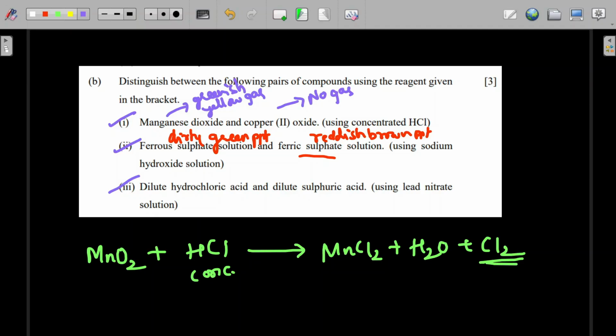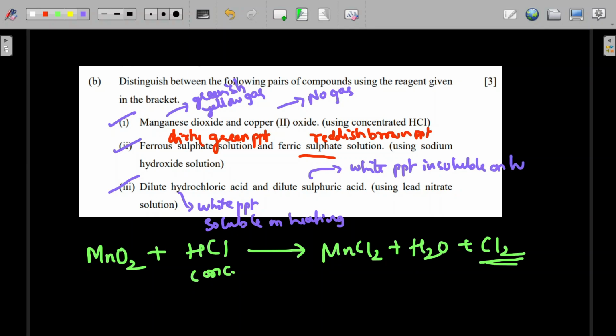But don't mention lead chloride and lead sulfate, just write white precipitate. Soluble on heating for this one, and white precipitate insoluble on heating for this one. If you know what is going to form, based on that we can explain.